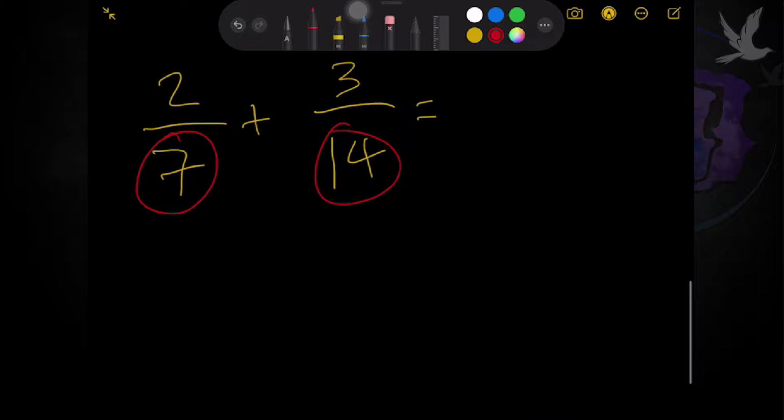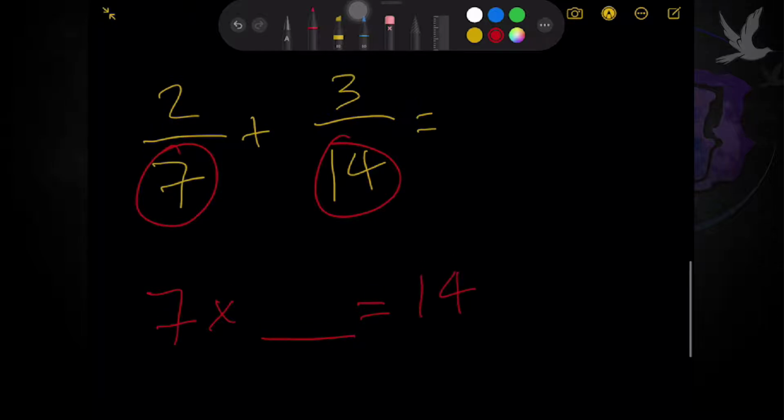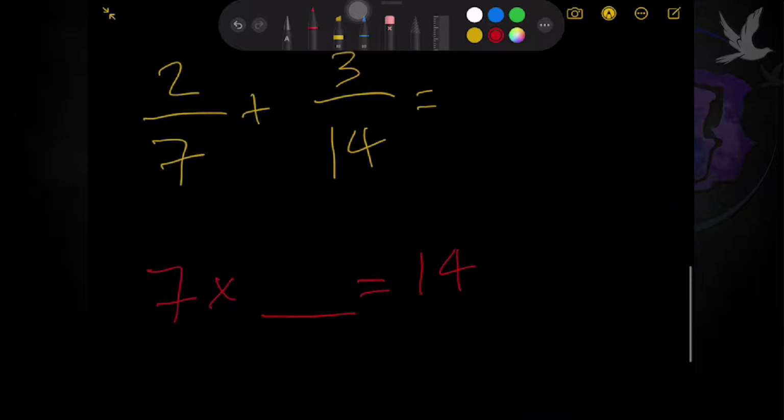Taking the smaller denominator, which is 7, what do you multiply it with to give you the exact same value as the other denominator? Okay, so if you know your multiplication table, you should know that 7 is multiplied by 2 to give us 14.